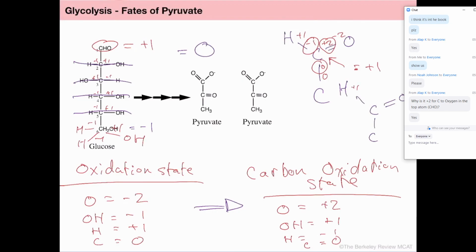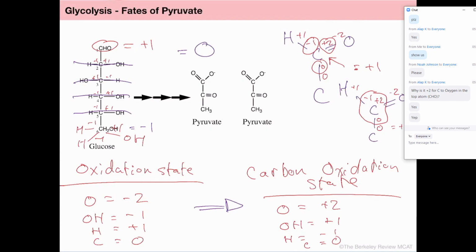If the hydrogen is +1, the carbon is -1. If the oxygen is -2, the carbon is +2. And this is 0 and this is 0. So you circle these three, and that equals a total of +1. You got that? Cool. All right.